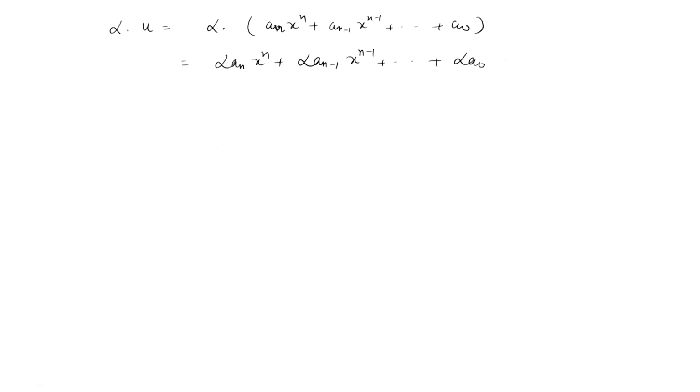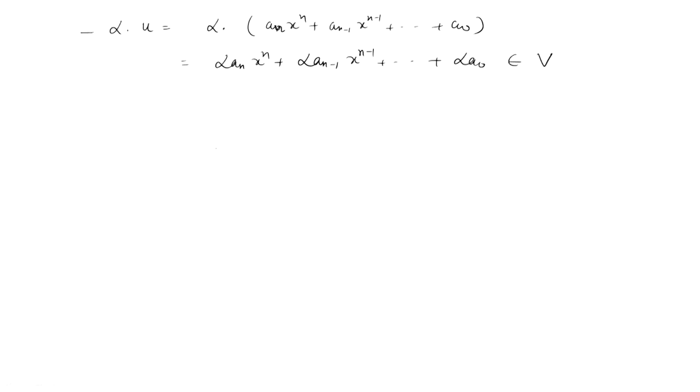Now, with respect to multiplication also, the first property is alpha dot u. If you take alpha dot with a n x raised to power n, a n minus 1 x raised to power n minus 1 and so on a naught, which is alpha a n x raised to power n plus alpha a n minus 1 x raised to power n minus 1 and so on up to alpha a naught, which also belongs to V, because it is again a polynomial of degree less than or equal to n.